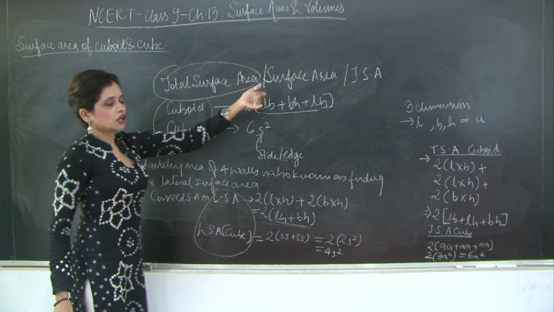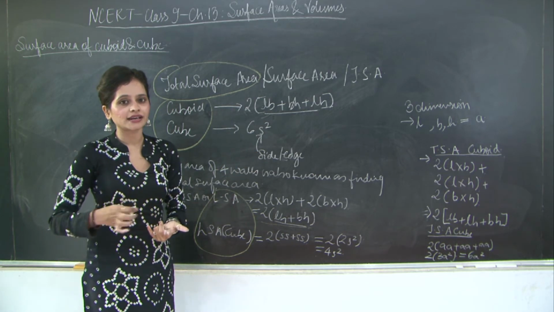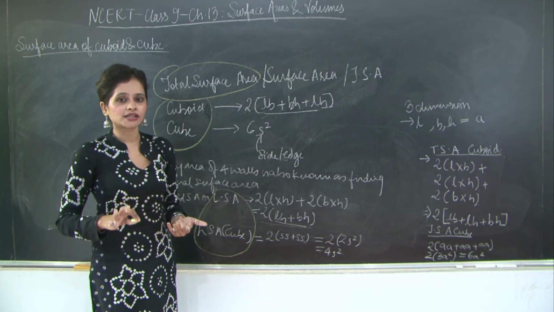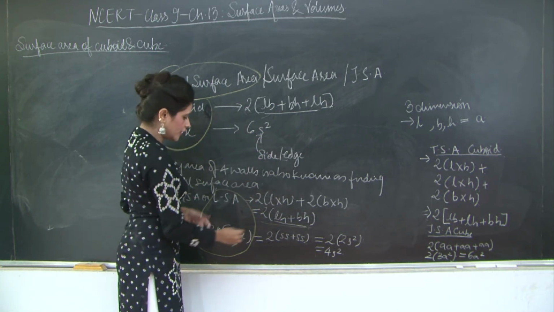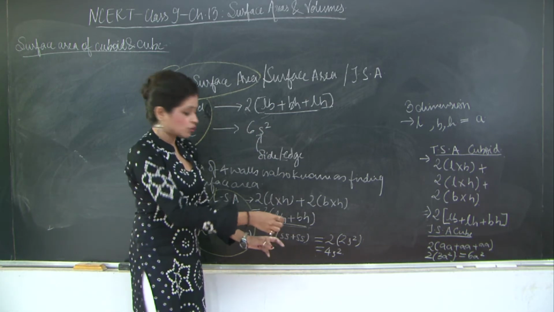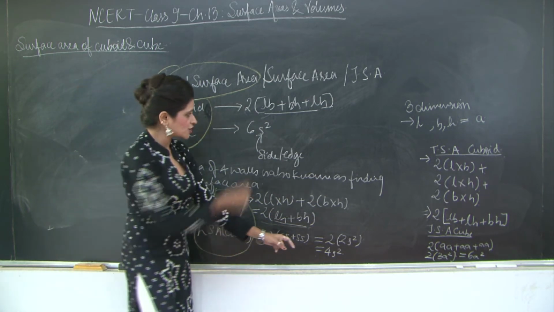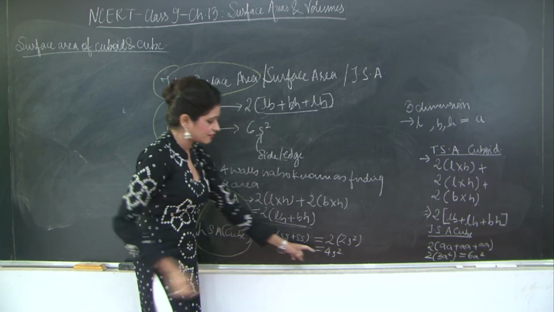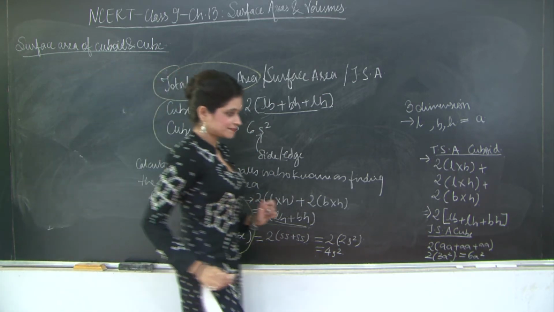Now for the total surface area of your cube, you know that for the cube all the edges are equal to each other. And how many faces are there? 6. 6 into side square. Similarly, 2 sides are going to be missing in your lateral surface area of the cube. So you're going to just deduct 2 from this. You will be left with 4S square. Simple. Please take a look.